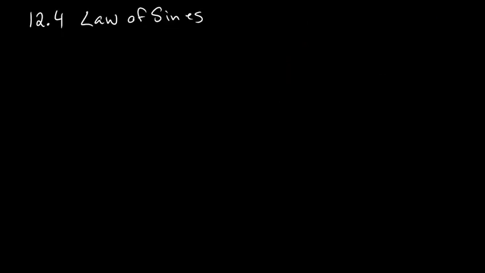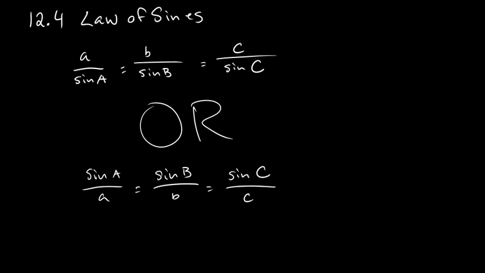In 12.4, all we covered was the law of sines, which you can set up a couple of different ways. So you can have your sides on top over the sines, or the angles, sines over the sides, or you can put your angles on the top and take the sine over the side values.